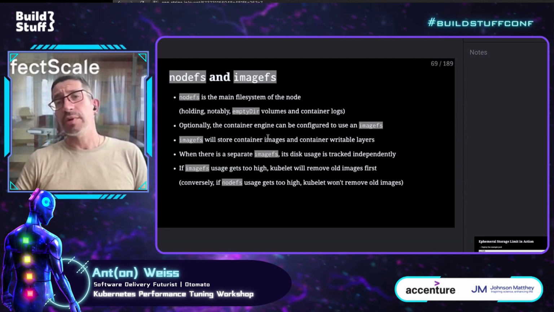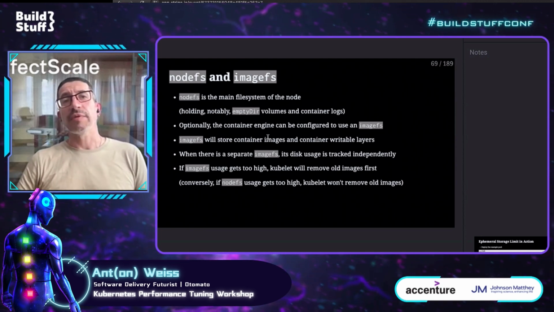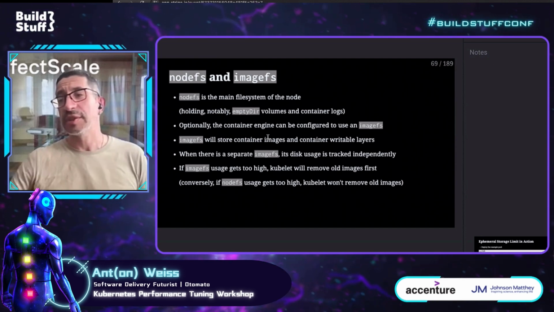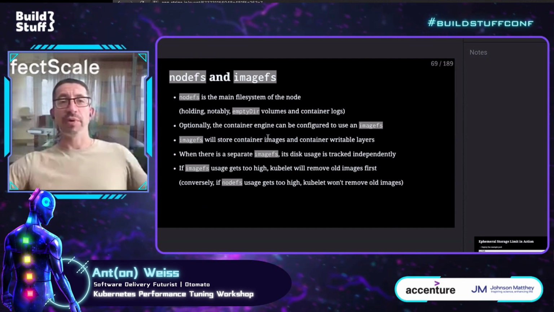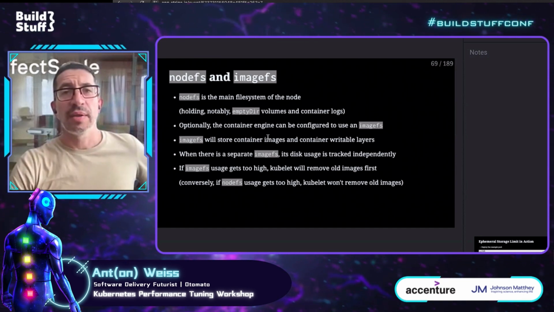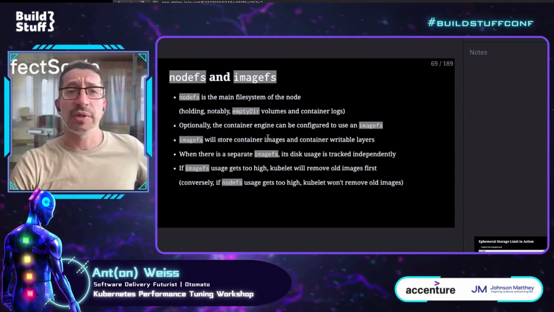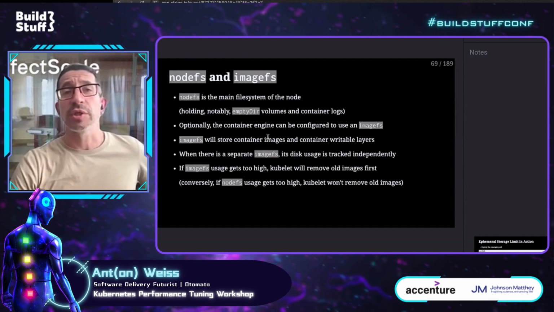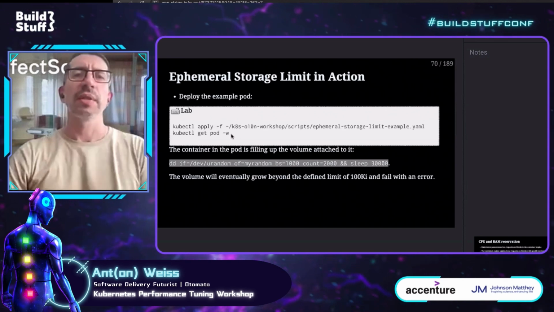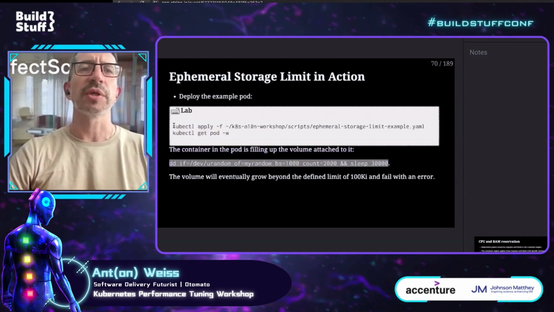And optionally, you can also configure the container engine to use imagefs, and then that will be a separate file system part reserved for images. Then its disk usage is tracked independently, and if its usage gets too high, it will remove the old images without impacting the nodefs.